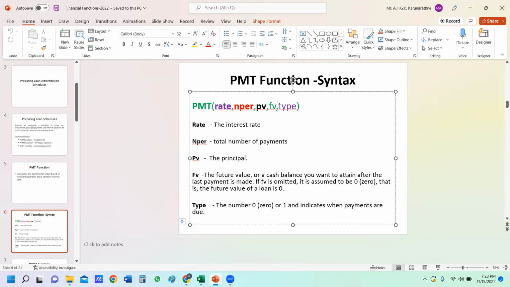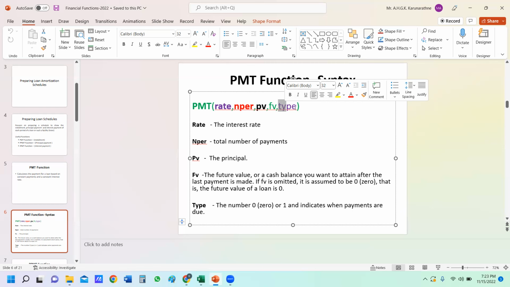Then type. I think you are familiar with it: there are different types of cash flows. Cash flows occurring at the beginning of each period we usually call annuities due. Cash flows occurring at the end of the period are called ordinary annuities.